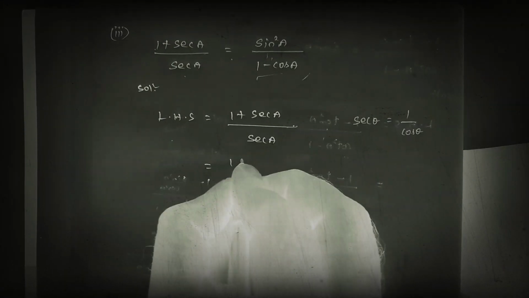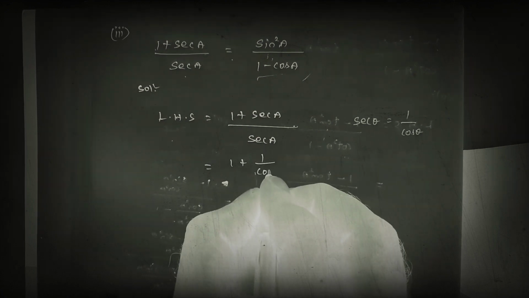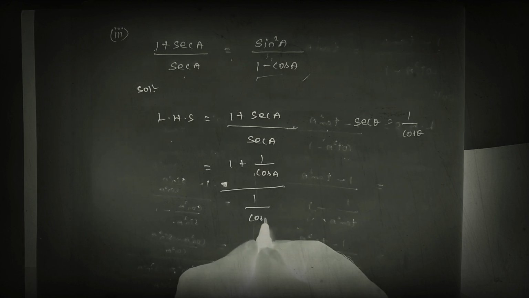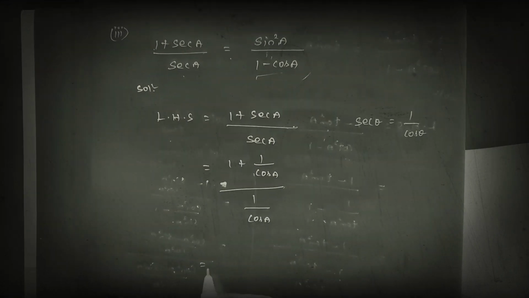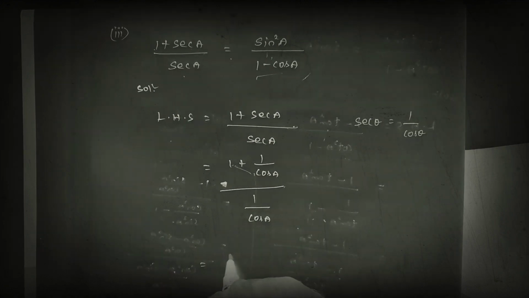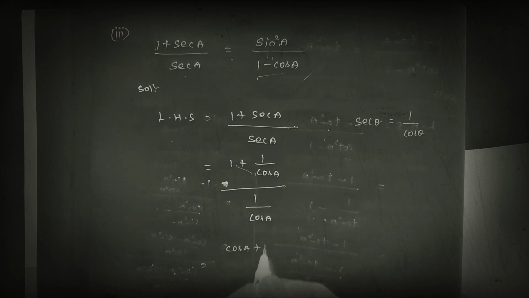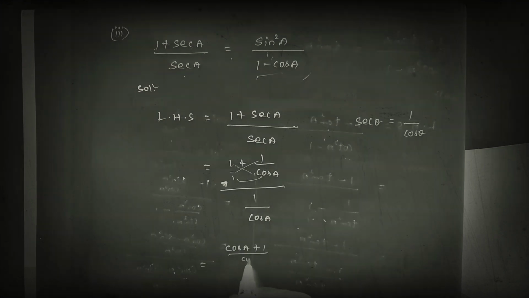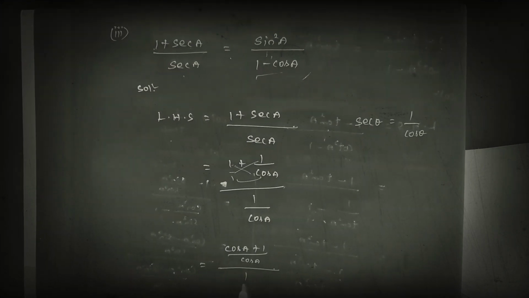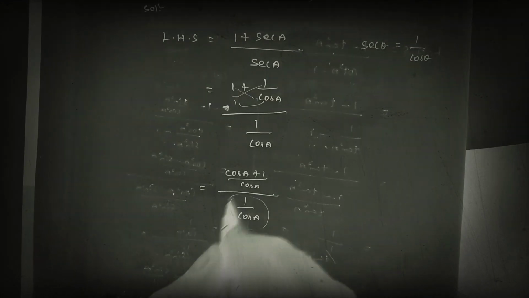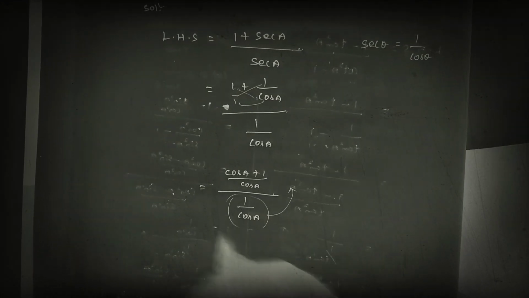So it is equal to 1 plus 1 by cos A, whole divided by 1 by cos A. The numerator is in the form of a fraction, so we simplify by cross multiplying: cos A plus 1 divided by cos A, whole divided by 1 by cos A. I'm bringing this 1 by cos A to the numerator, it will become reciprocal.